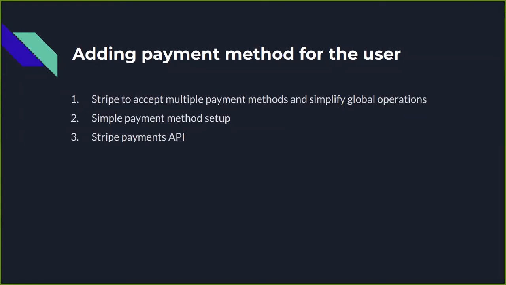Payment flows are complex to manage because they depend on the customer's interactions that are handled outside our application, so it's difficult to manage. So Stripe provides a simple payment method setup, handling some authentications and validations.